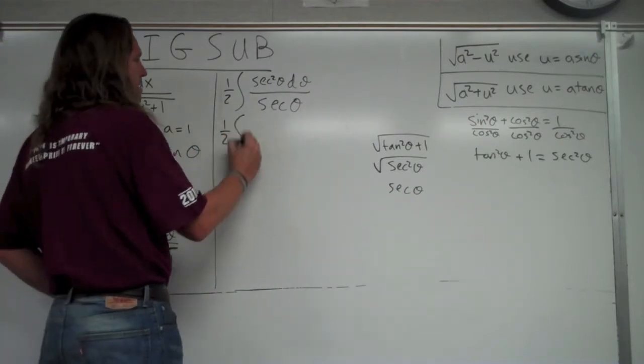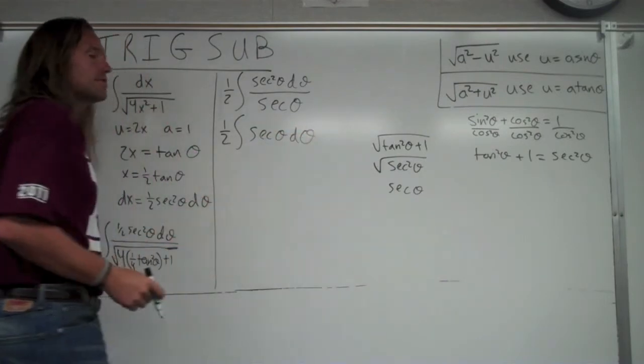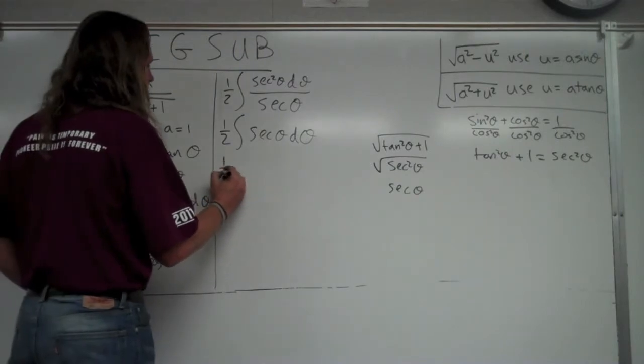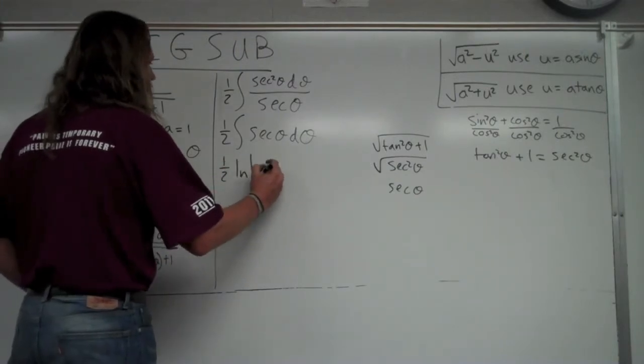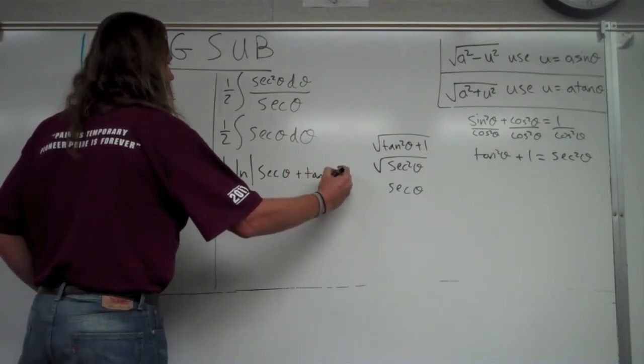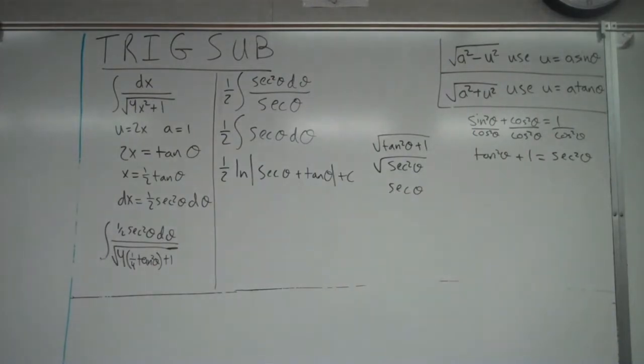So it's going to end up being secant theta d theta. The antiderivative of secant is one of those weird ones that you're supposed to have learned at some point, but you probably forgot. It's natural log absolute value of secant theta plus tangent theta. If you look in your book somewhere, you should see that that is the antiderivative for that one.